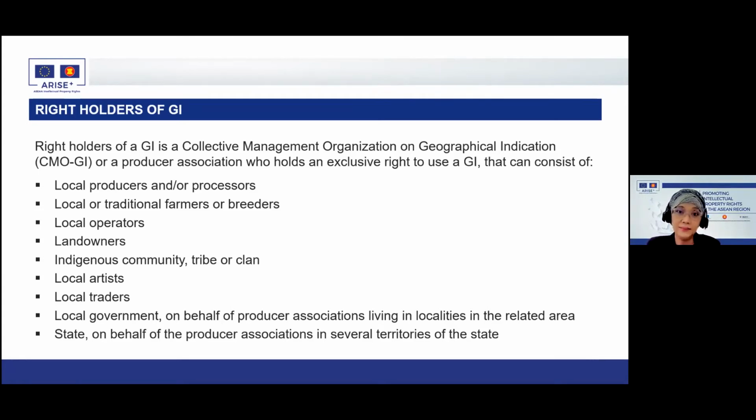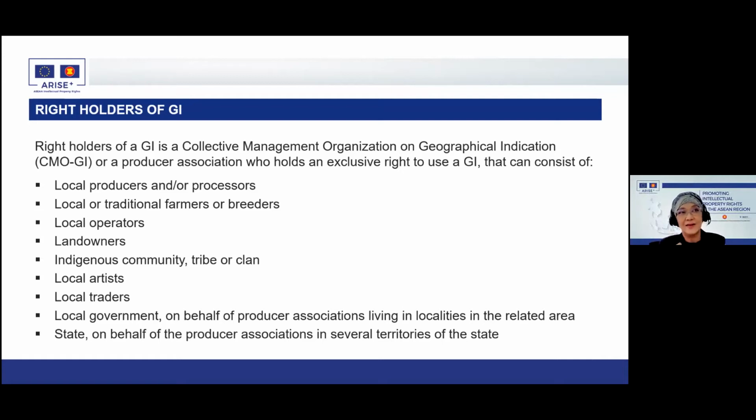It's uncommon, but some countries allow or maybe substantiate that GIs are held by the state. But of course, the state has to act on behalf of the producer associations. So the right of the state is a little bit different from the right held by local producers.